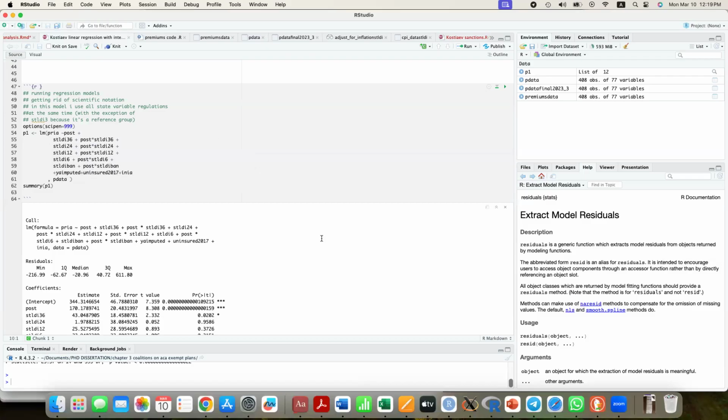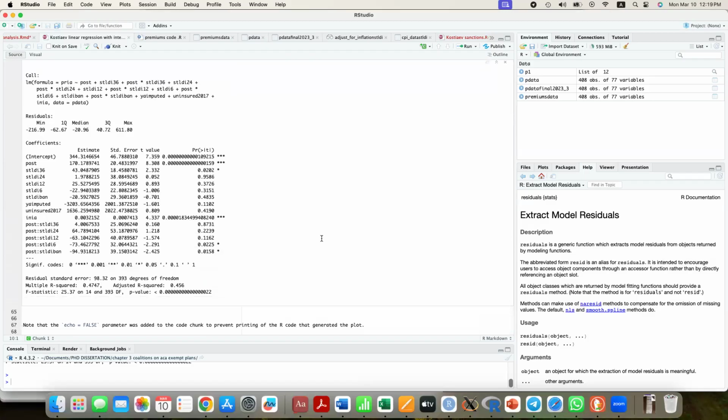So let's look at the results. When you have a model with interactions, you mostly interpret interactions. You don't care about anything else. And remember it's dollars, right? The value of the variable is just dollars.